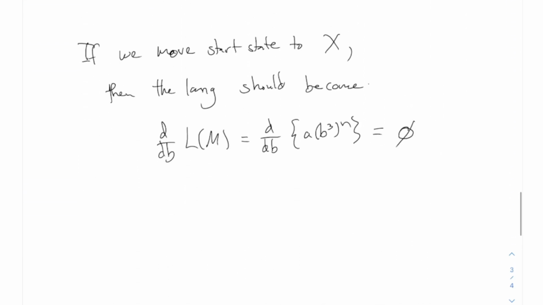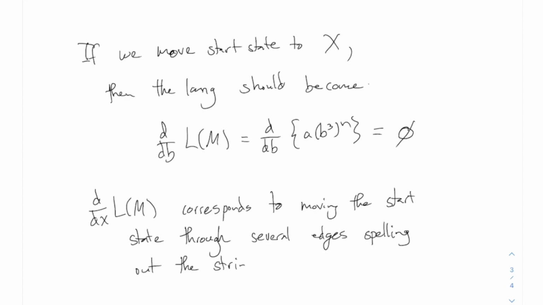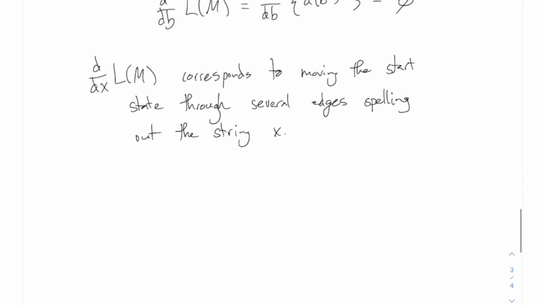Okay, so I will say, when I do this, where x is some other string, this corresponds to moving the starting state through several edges, spelling out the string x.